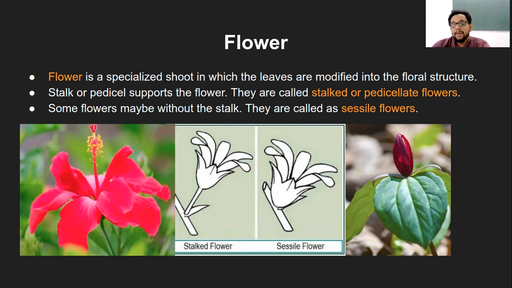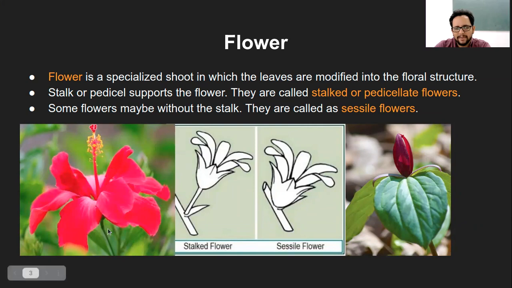Now, you will find so many types of flowers based on some structure being present and some structure being absent in the flower. There is one such classification that you see here in the second and third point, that is a stalk or the pedicel which supports the flower. In this case, this is a hibiscus flower, which in Marathi we call jaswandi.